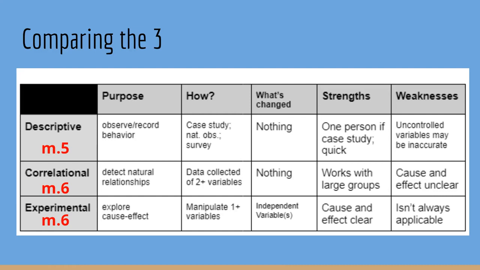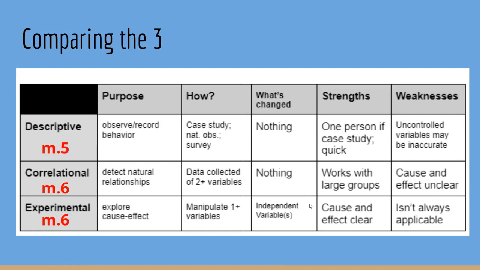The strengths and weaknesses. Okay, the strength of a descriptive is that it's one person. Oh, yeah, sorry. It's one person if it's a case study, and it's quick to get.